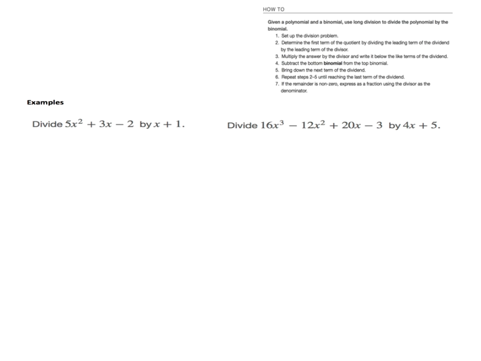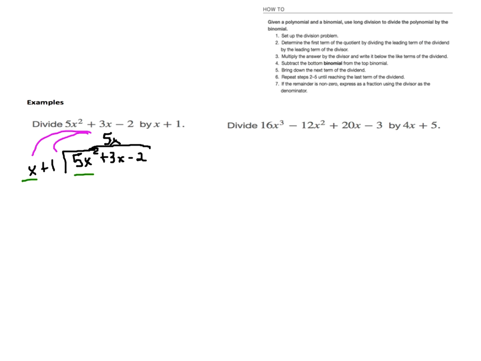All right, so in this one, we are dividing the polynomial 5x squared plus 3x minus 2 by x plus 1. So my first step is to focus on first terms. What do I need to multiply x by to make 5x squared? That is positive 5x. Notice it's in the x column.